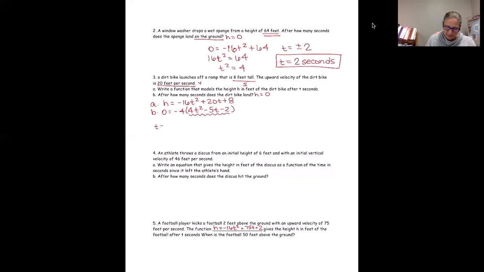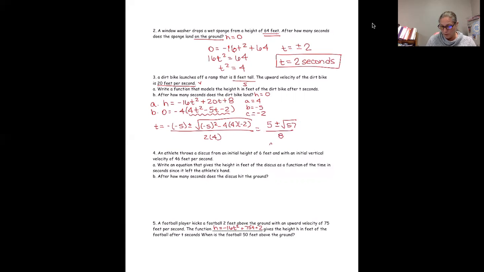So t equals, and we need a, b, and c. So a is 4, b is negative 5, and c is negative 2. So negative b plus or minus square root b squared minus 4ac over 2a. And using your calculator to simplify, you get 5 plus or minus the square root of 57 over 8.